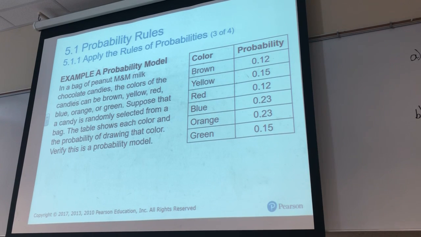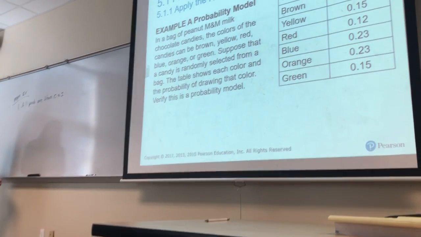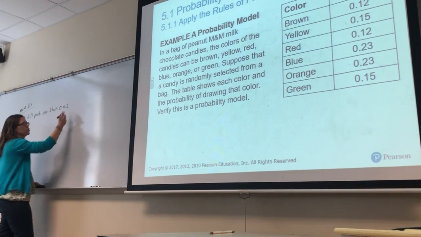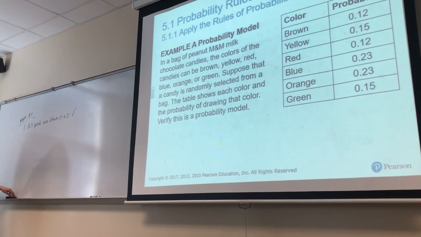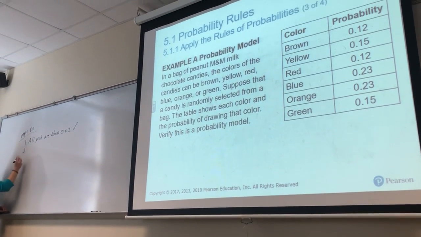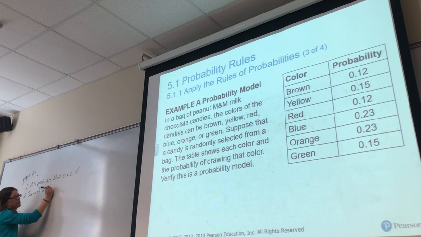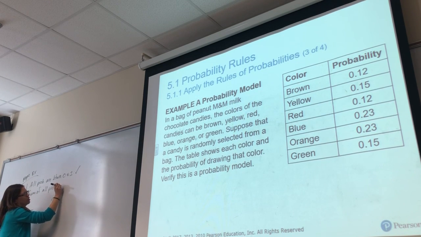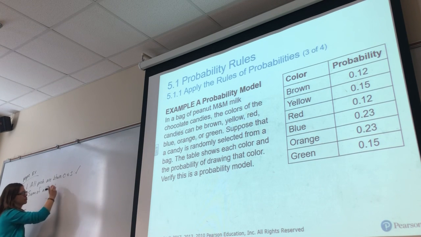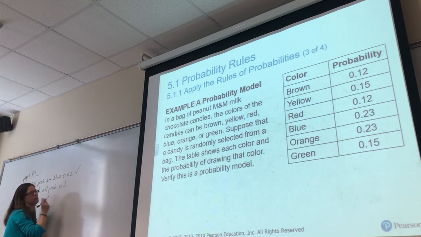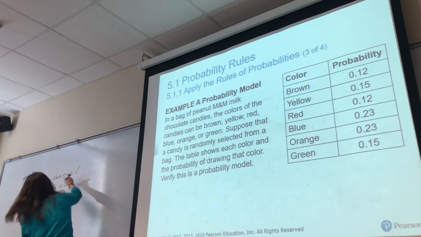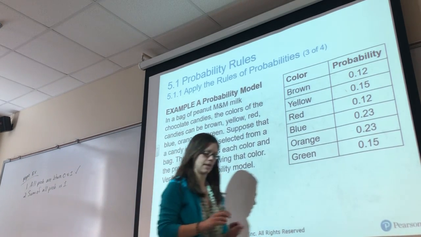So we need to check all probabilities. Is that true? Yeah. We don't have anything negative, and we don't have anything that's greater than 1, so that one is met. And the second thing we need to check is that the sum of all probabilities is 1. For that one we need to add them up to see.